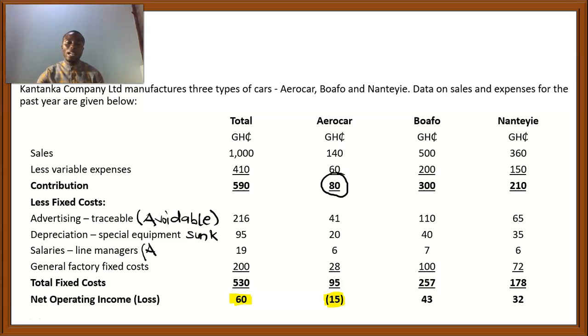So it is an avoidable fixed cost. Then we have general factory fixed cost. These general factory fixed costs are allocated on a predetermined basis. So they are unavoidable costs.